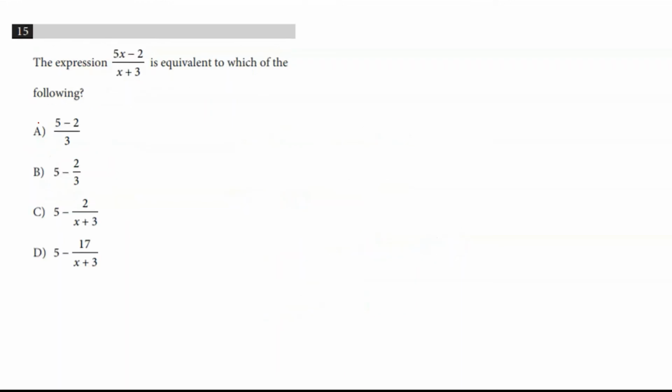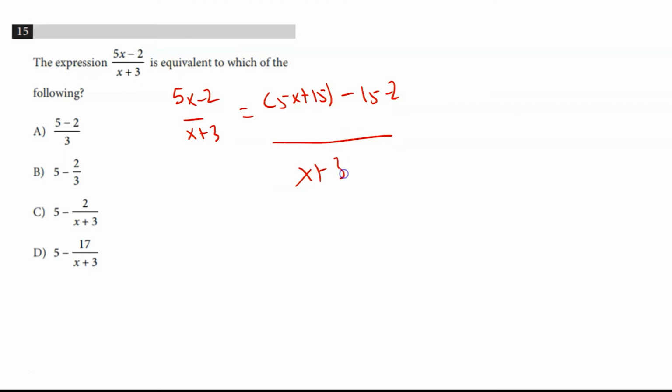Okay, so the expression (5x minus 2) over (x plus 3), we are trying to find an expression that is equivalent. So (5x minus 2) over (x plus 3). This can be rewritten as (5x plus 15 minus 15 minus 2). As long as it's equivalent, we can add or subtract any number we need over x plus 3.